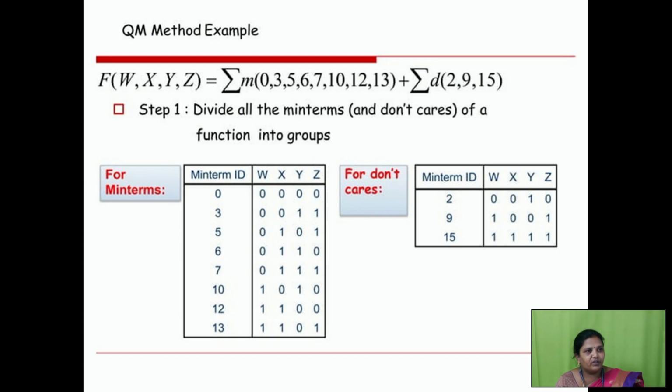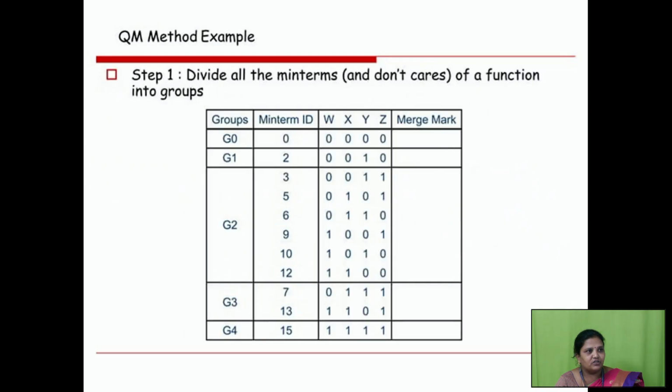All this is basic, we know how to write binary values for reference. And don't cares also we have to write: 2, 9, 15. For all those we also have to write the binary representations.